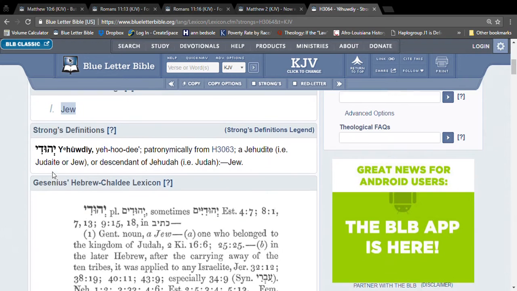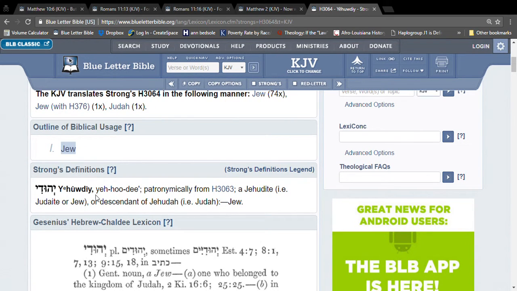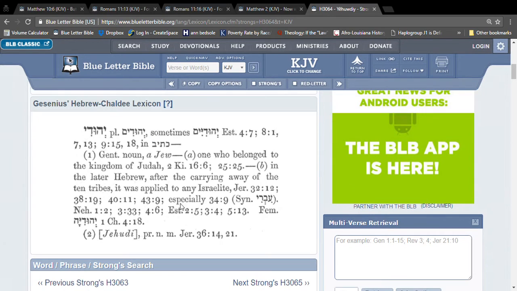So let's move down to Strong's definition. Particularly it says Yehudi is a Yehudite, which is a descendant of Judah, right? A descendant of Yehuda or Judah. And then if we look at the Hebrew Chaldee lexicon, it says one who belonged to the kingdom of Judah.